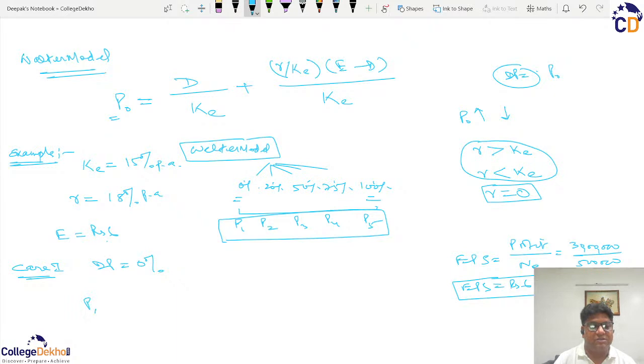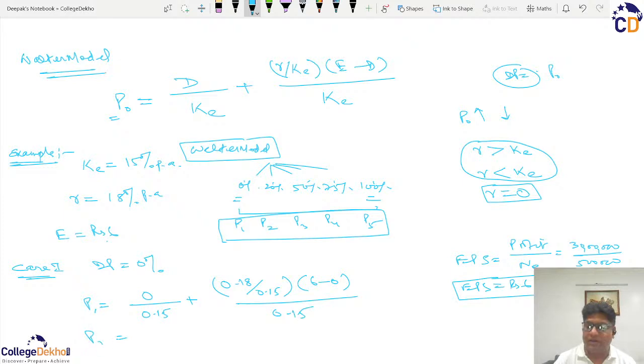So if we take case 1 where the DP ratio is 0%, P1, so dividend will be 0 upon 0.15 plus R, 0.18 divided by 0.15, multiplied by 6 minus 0 upon 0.15.